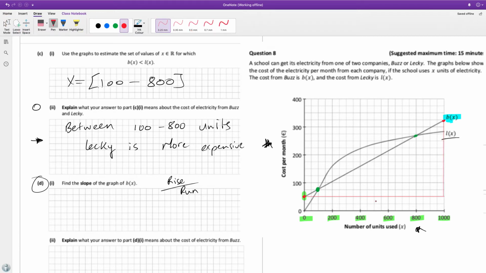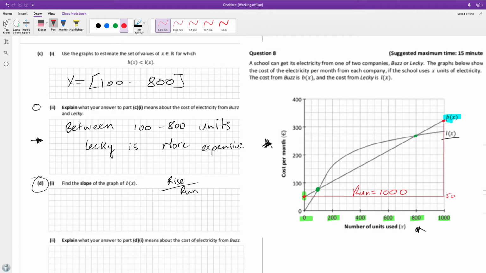Right. So, what's my run? 1,000 is my run. Good stuff. What's my rise? What's this point? That's 50. What's this up here? Oh, relax a second. This point here is 50.